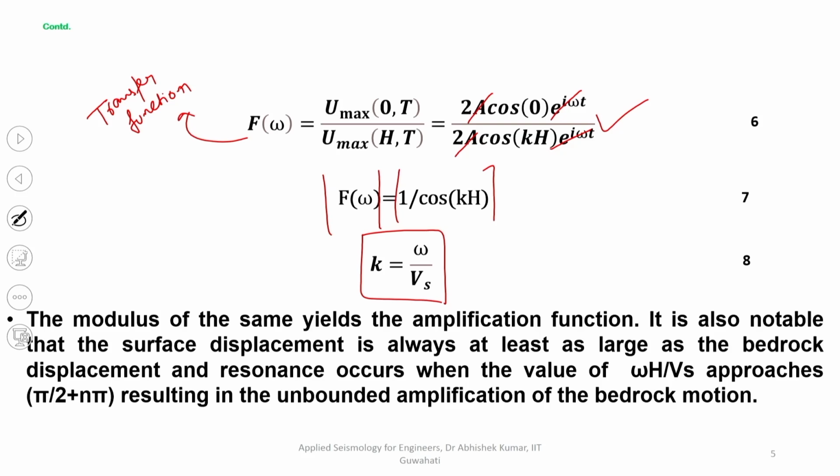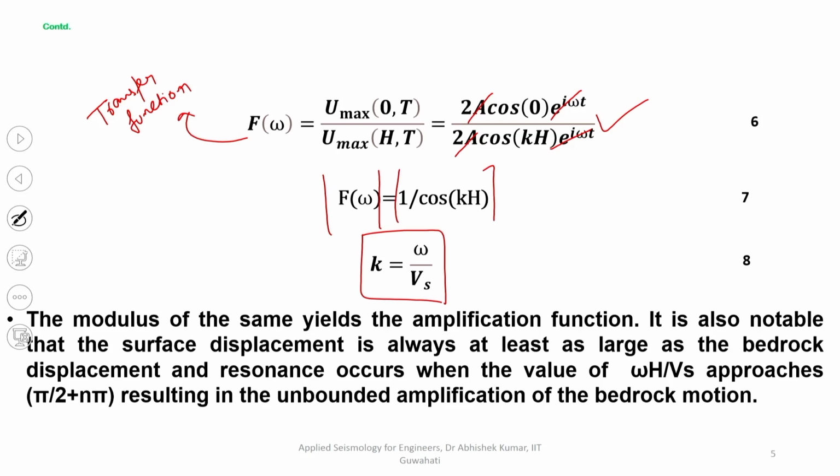That means, whatever is the input motion, the surface motion will be remarkably high. And the maximum value of the denominator can be 1. In such a case, the transfer function value itself will be 1, or there will not be change in motion properties between the base and the top of the particular soil layer.